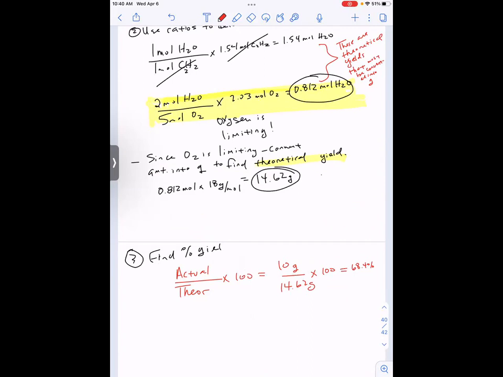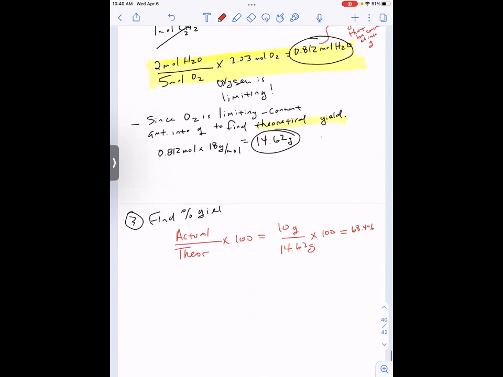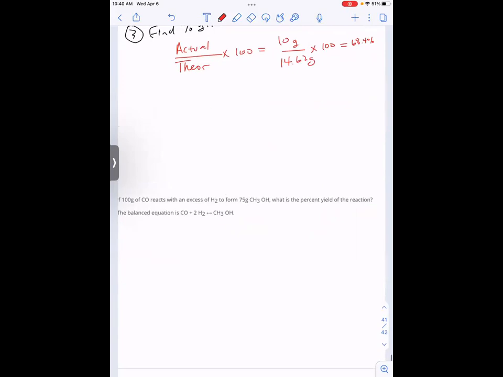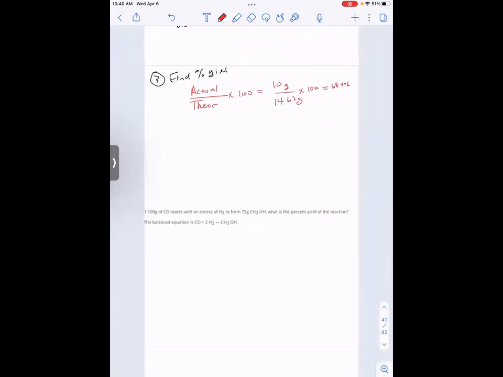Then we take the actual, which we changed from 25 to 10, and the theoretical was 14.62, and then we got 68.4%. Any questions about that?